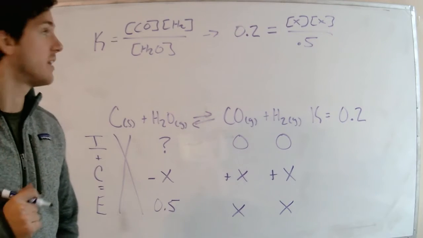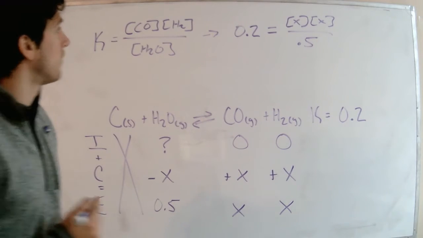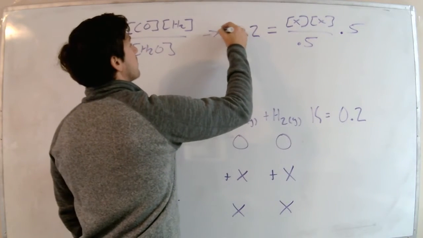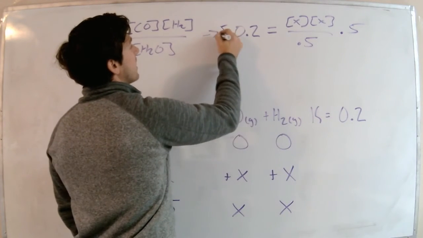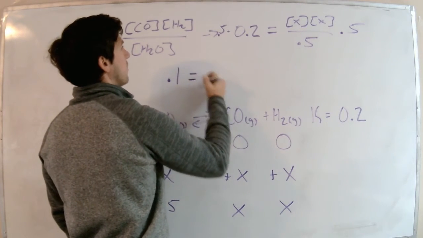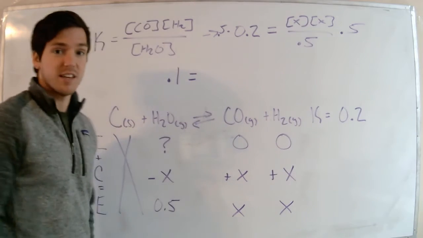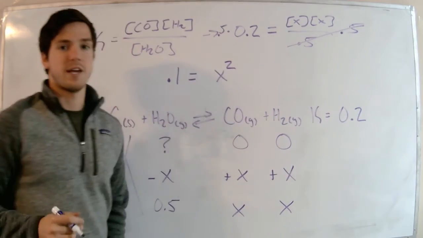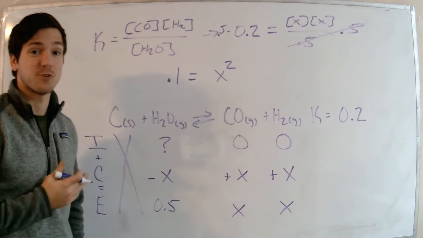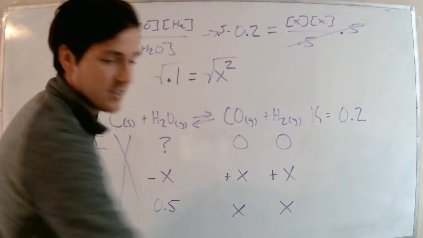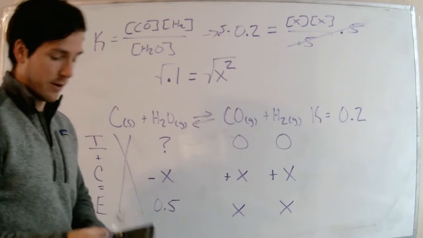Let's combine like terms. Well, first of all, let's get all these numbers to one side. I could multiply both sides by 0.5, and I'll get 0.1 equals x times x, which is x squared. Hey, look here, I can square root both sides, and I can actually solve for x.